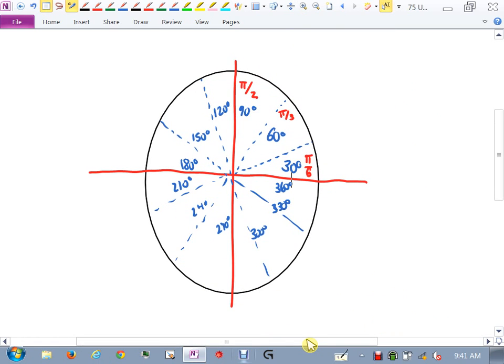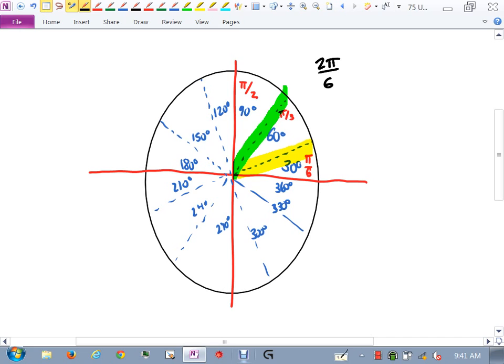Y'all okay with that? Now, how do you count in radians? This is what I was alluding to last class. Pi over 6, right? Pi over 6 is this right here. Then the next one is another pi over 6. So I told you to look at that as being 2 pi over 6.